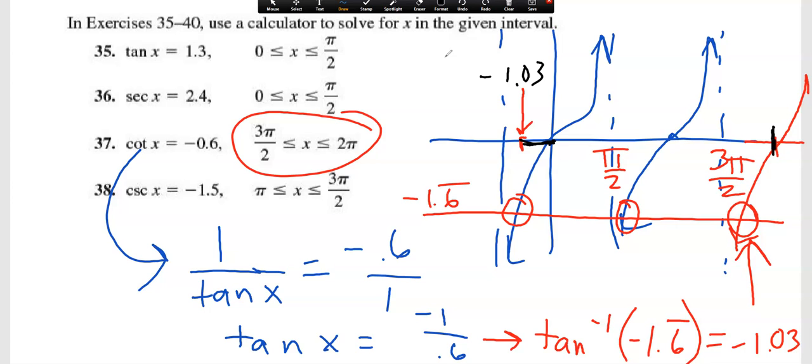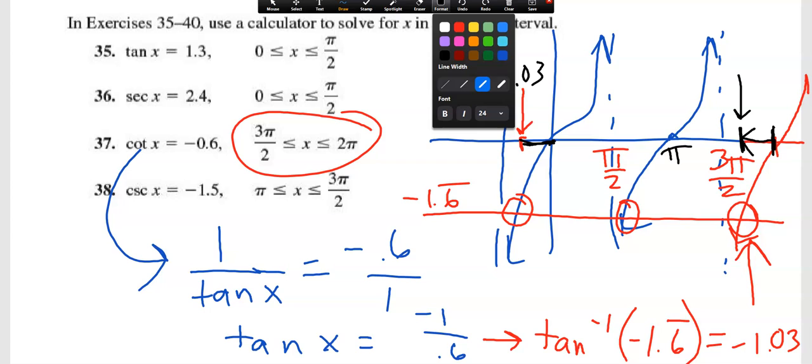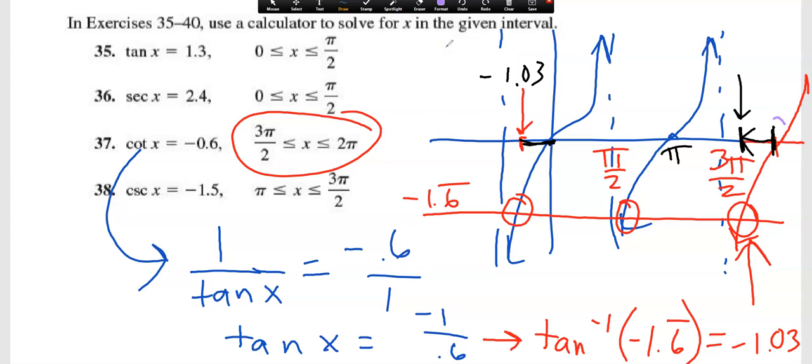How could I use that information to find this answer right here? How could I use that logic? For instance, that's pi right there. So what's the lavender one I'm circling right there?